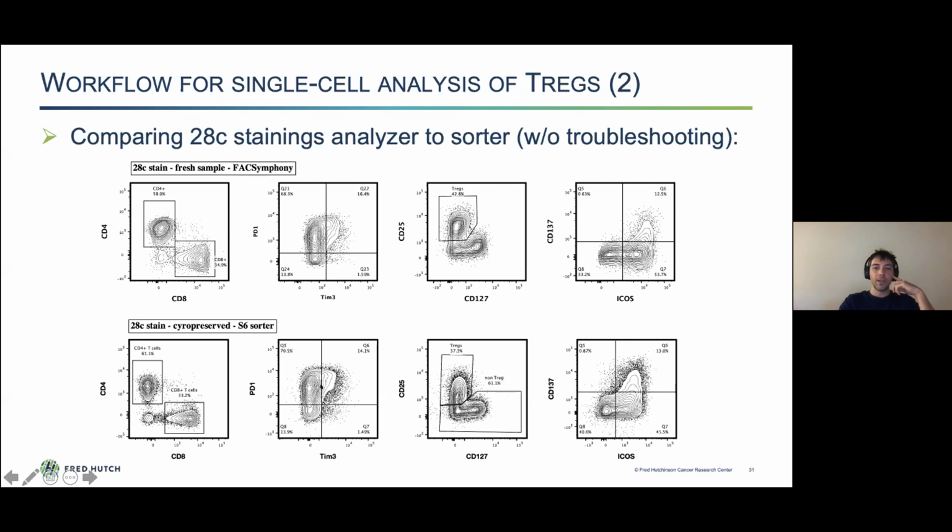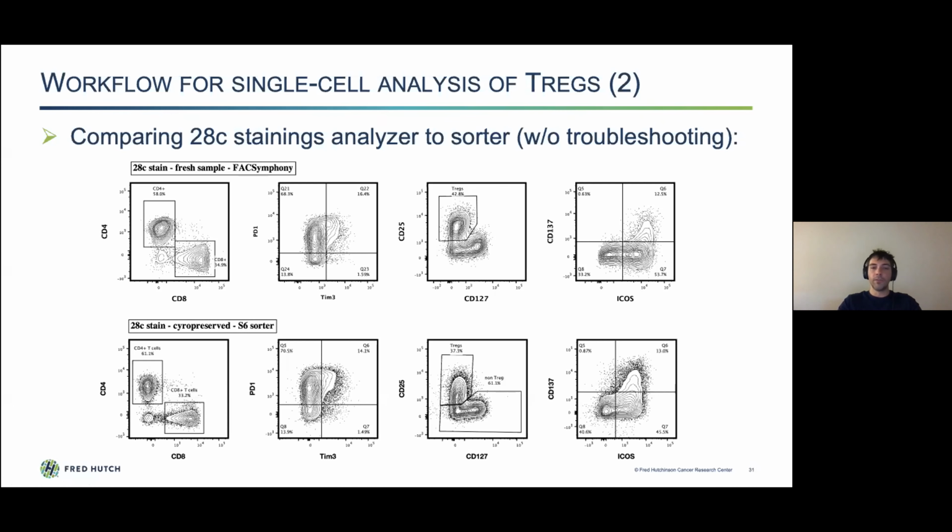You can see, due to the scaling, some of the patterns look slightly different. But if you look at the relative frequencies, we were able to basically just port that panel from the Symphony to the S6 and sort in parallel and still have some data that we can use for analysis, which was for us pretty lucky to have.